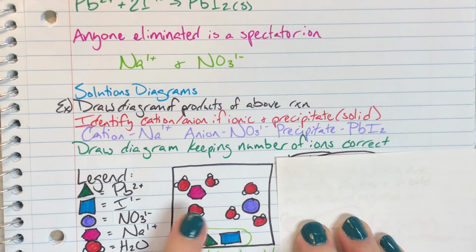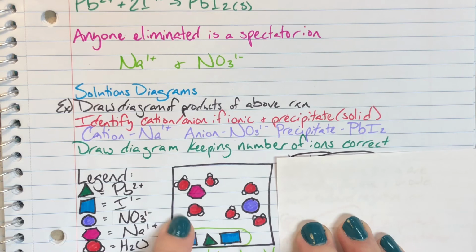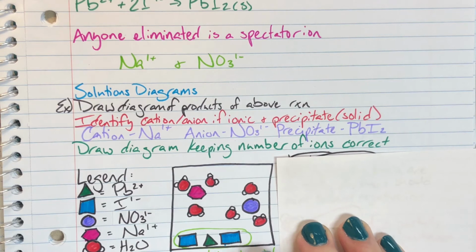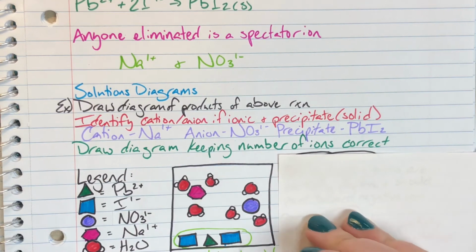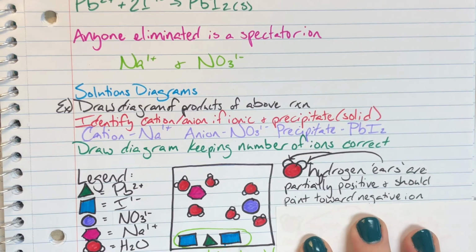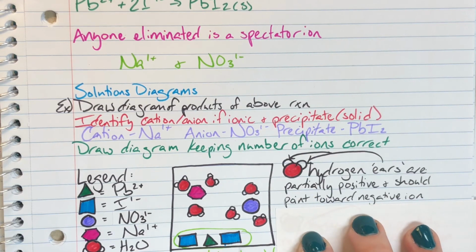So you'll notice as I have my sodium and my nitrate surrounded by water that the waters are not facing the same direction for my sodium as for my nitrate, and that is for a reason. The hydrogen ears on that water molecule are actually partially positive.